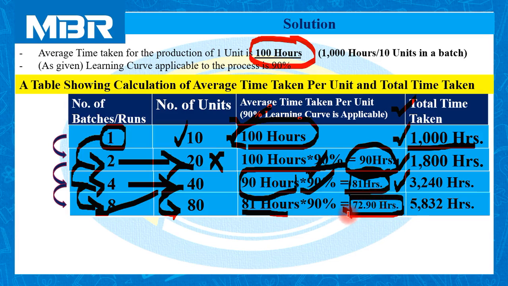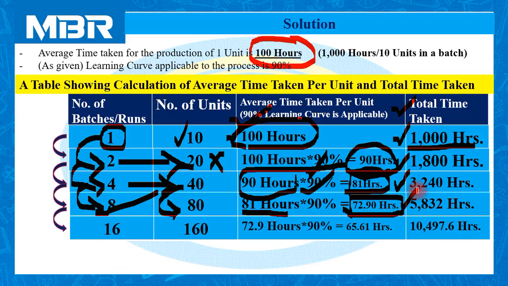Total time taken will be 5832 hours. It is a result of multiplication of 72.9 hours per unit multiplied by 80 units produced.